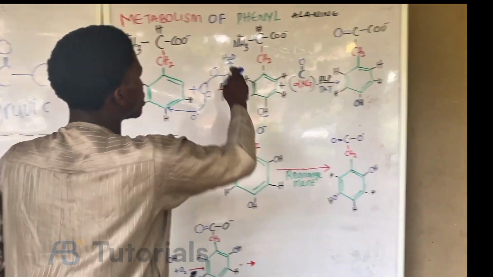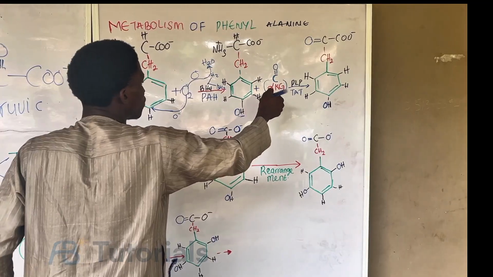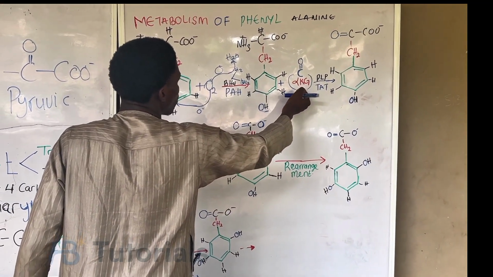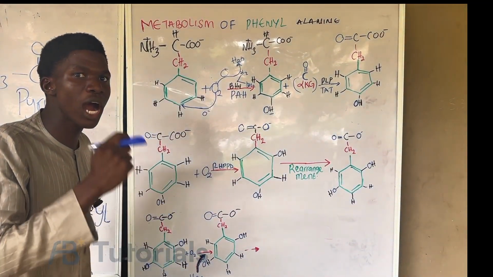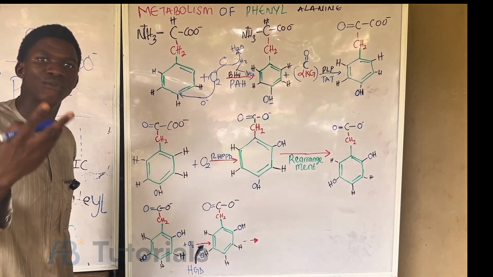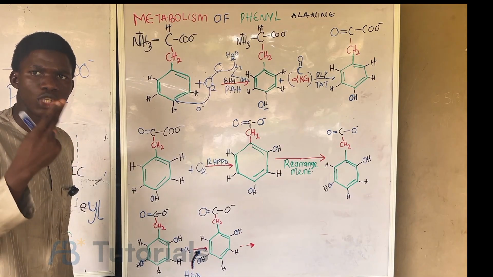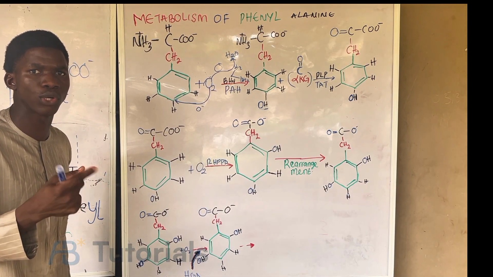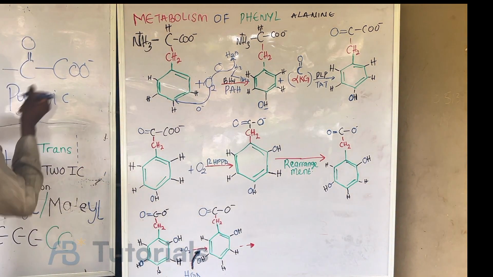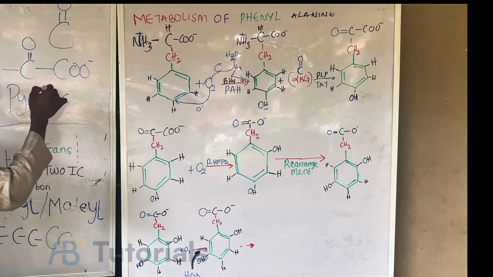So this guy is going to react with a compound known as alpha ketoglutarate. From the name alpha ketoglutarate, it means that it has a ketone group. And don't forget that we have two types of carbonyl compound. The one for aldehyde and the one for ketone. Okay? Both of them have this CO. I hope it is clear.